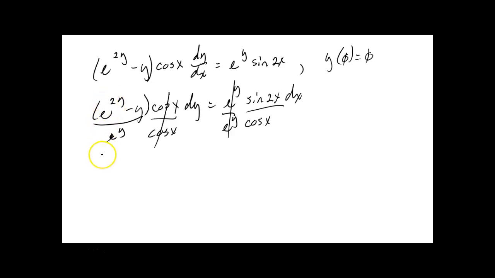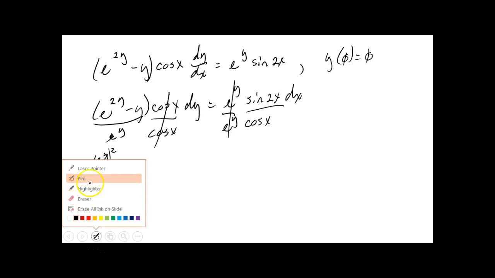Couldn't you just write this as e to the y squared? And this is e to the y. So that would be, no, that's not right. It'd just be e to the y then. That's what I meant to do. Not y.